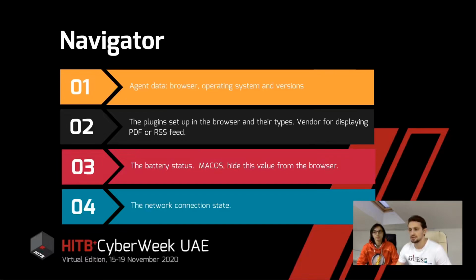It also gets information about plugins which you set up in your browser, about your battery status if you use a laptop, though macOS doesn't show this information. And also information about your network connection state. We also should not forget about your system language and the amount of RAM and cores in the processor.